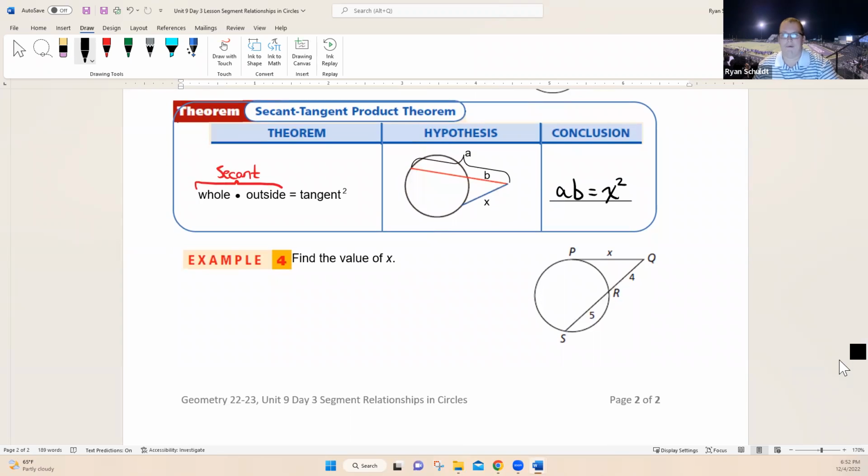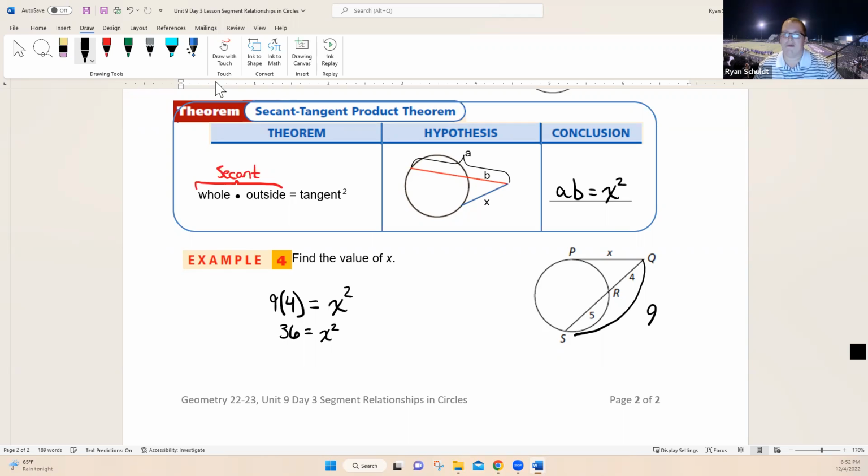Let's look at this last example. Our secant is the long one. So what's the whole thing? The whole thing is 9. So we're going to have the whole 9 times the outside 4 equals the tangent x squared. 9 times 4 is 36.